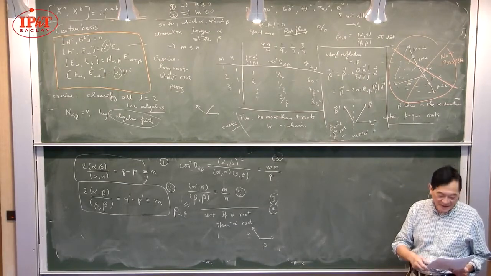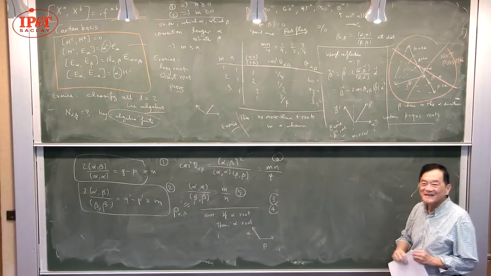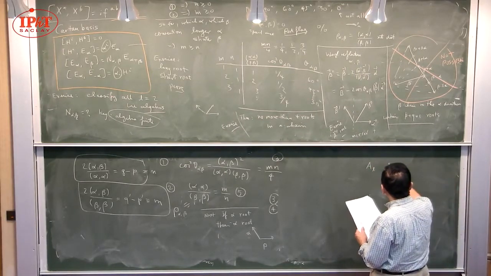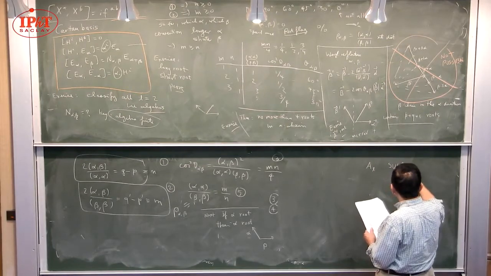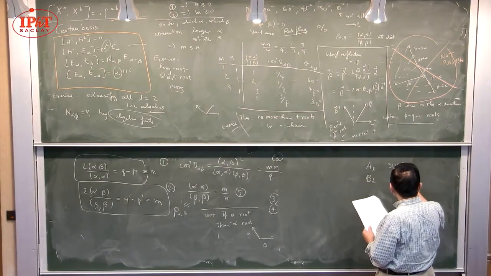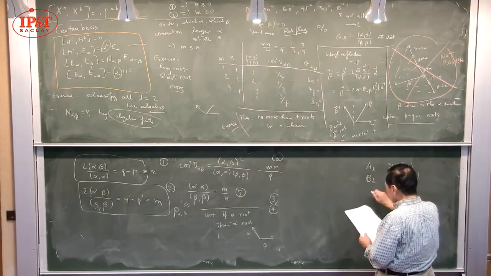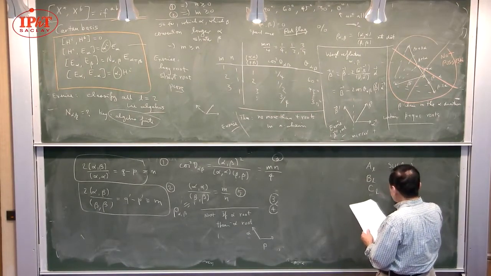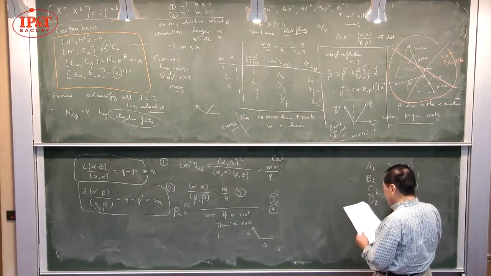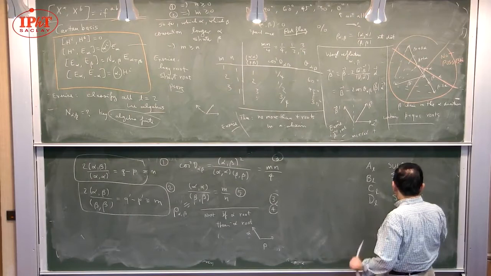And sometimes the dialects are very hard to understand. So here's the translation table. AL is SU(L+1), and BL is SO(2L+1), and CL is SP(2L), and DL is SO(2L).